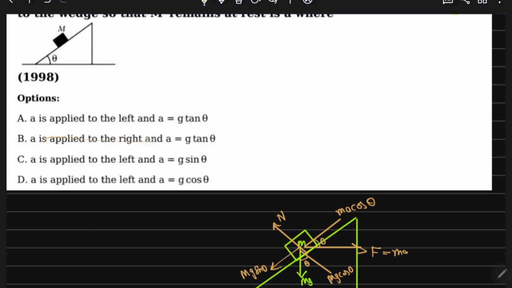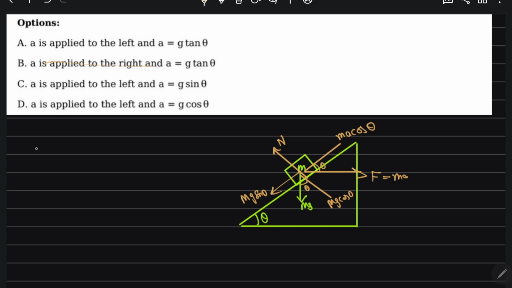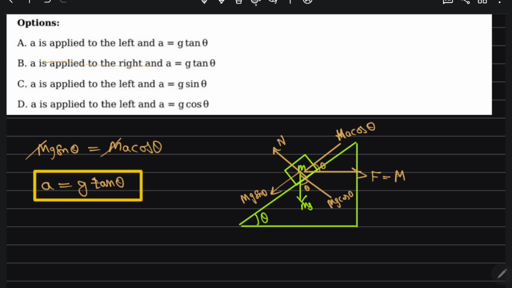So first we see that mg sin theta is equal to ma cos theta. m cancels with m, so acceleration comes out to be g tan theta.